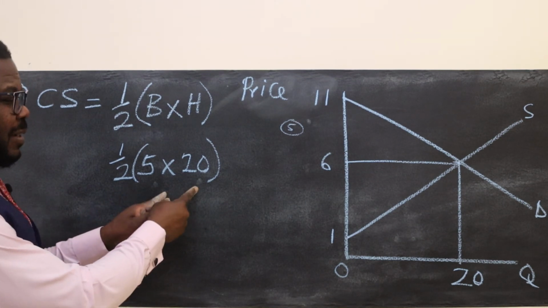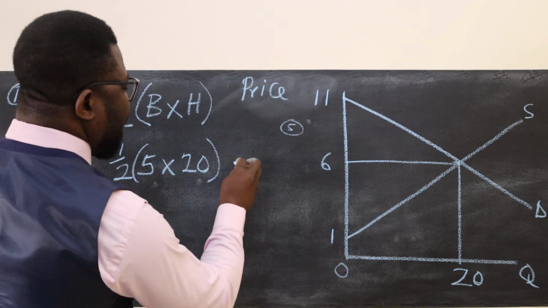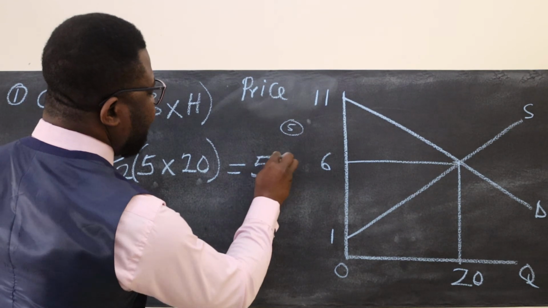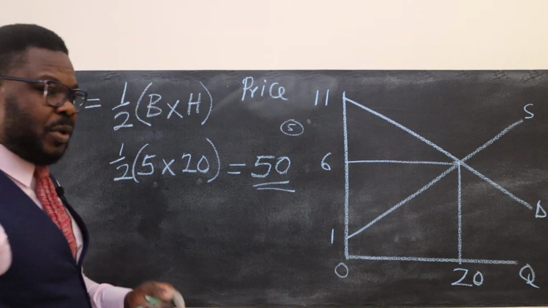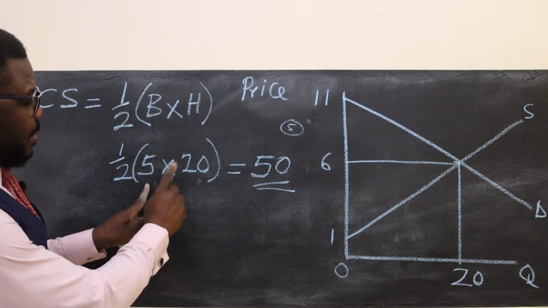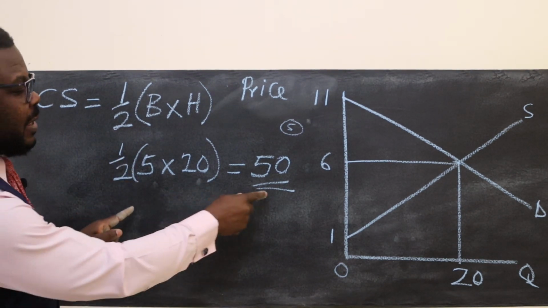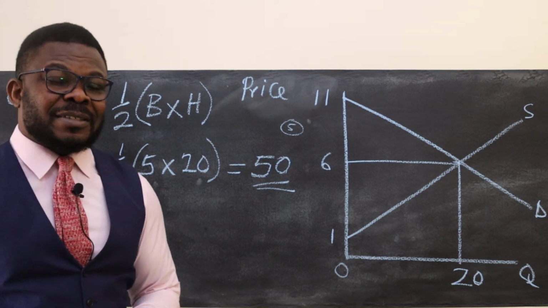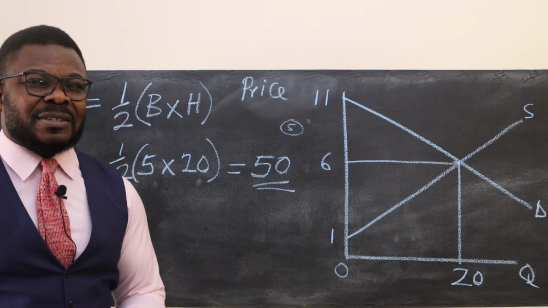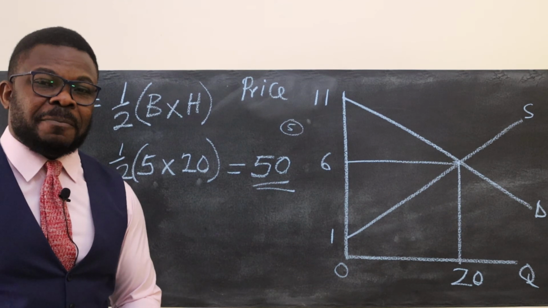Half of 100, the answer here is 50. I'm going to repeat that. 5 times 20 is 100. Half of 100 is 50. So there you have it. That is your consumer surplus from a graph of this type.